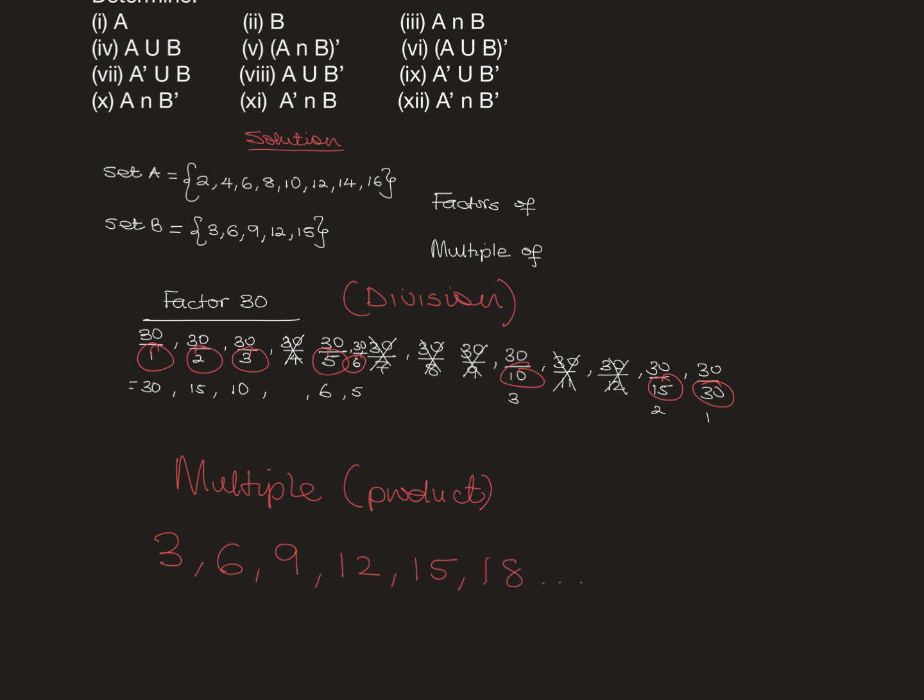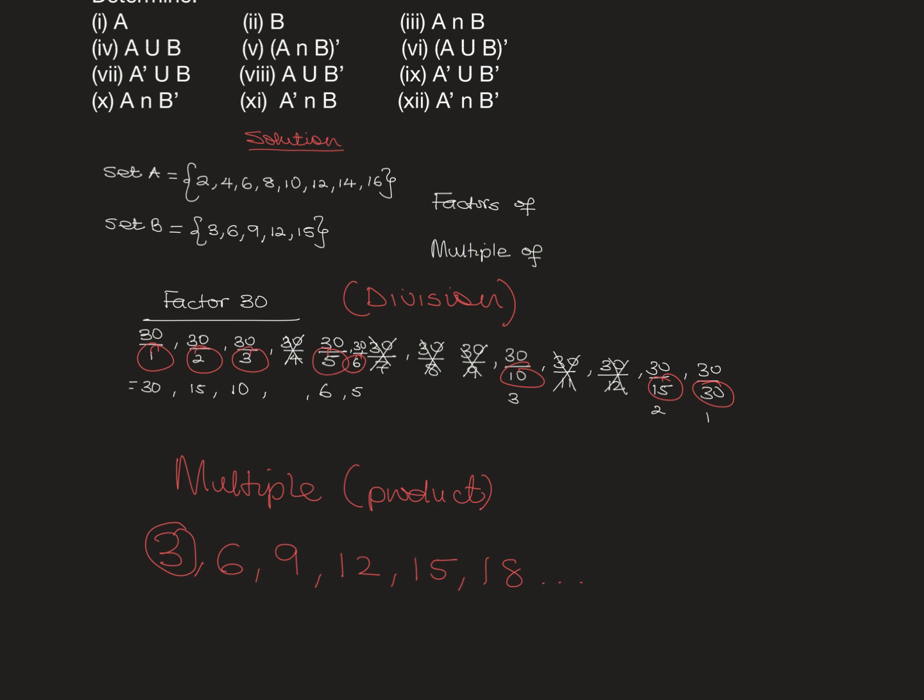Because you are multiplying the 3 with successive integers: 3 times 1 is 3, 3 times 2 is 6, 3 times 3 is 9, 3 times 4 is 12, 3 times 5 is 15, 3 times 6 is 18. So this is the difference between a multiple and a factor.